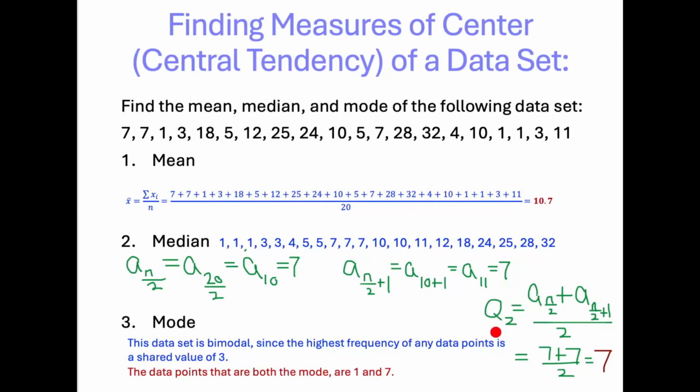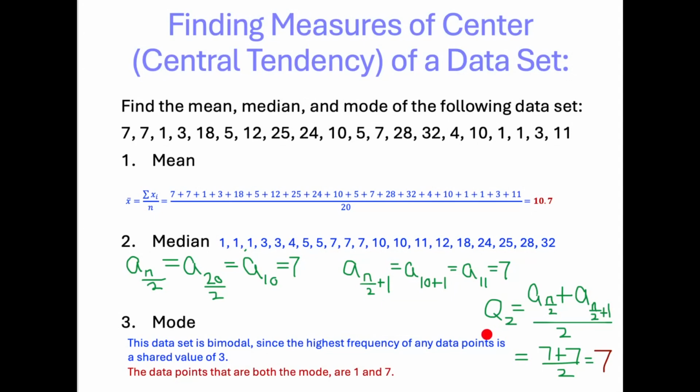So our median, another way that we write median is Q2, which just stands for the second quartile. Again, as a review, second quartile is just a location in our data set where 50% of the observations are below Q2 and 50% are above, aka the median, the middle.